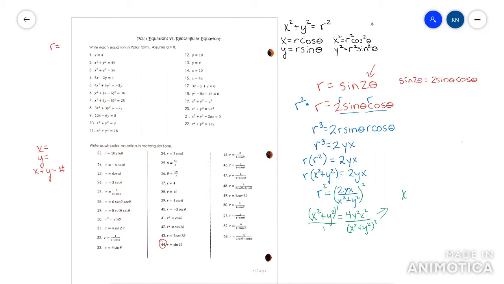That's going to make x squared plus y squared to the 3 equals that 4y squared x squared. I'm going to change it to be x squared y squared just so it looks a little nicer. And then you would subtract to make it equal to 0. And this would be my final answer.